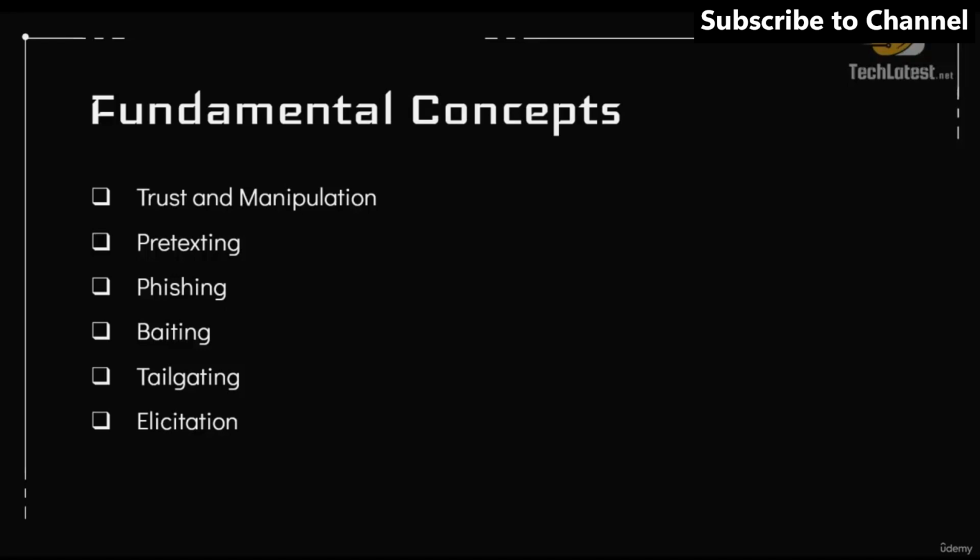This could involve posing as a colleague, customer, or authority figure. Phishing, one of the most important and most popular types: sending deceptive emails, messages, or websites that mimic trusted entities, to trick recipients into revealing sensitive information or taking harmful actions.